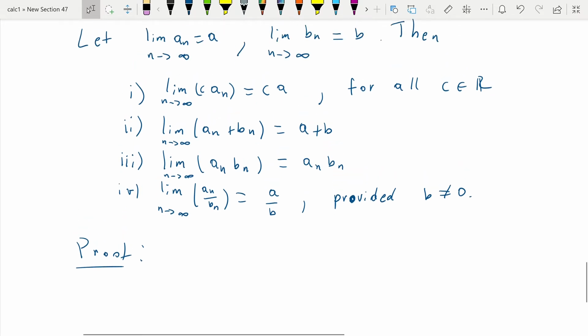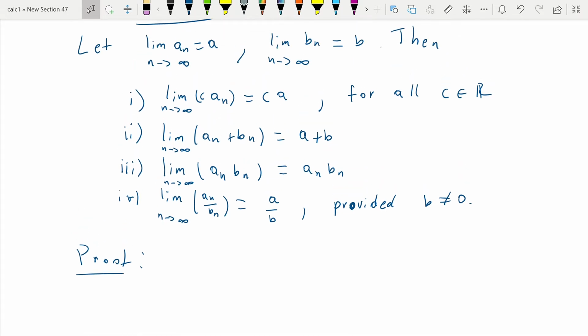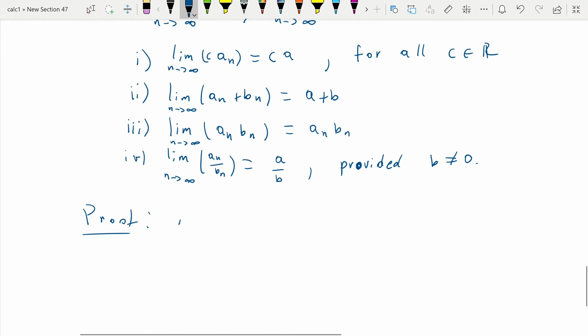Okay, so what is it? First of all, for part one, this is what we know.